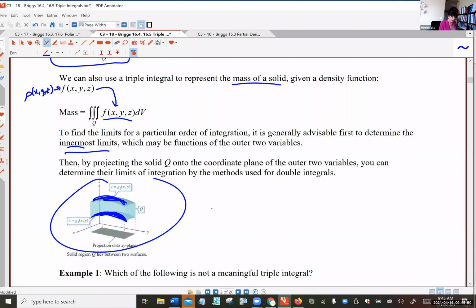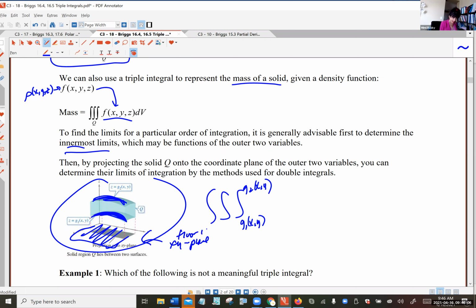So when you iterate the innermost integral, you would put the floor and then the ceiling surface. Sometimes your floor is just the xy-plane. If your floor is the xy-plane, that is the equation z equals 0, so you'd have a 0 down there for your lower limit for z.